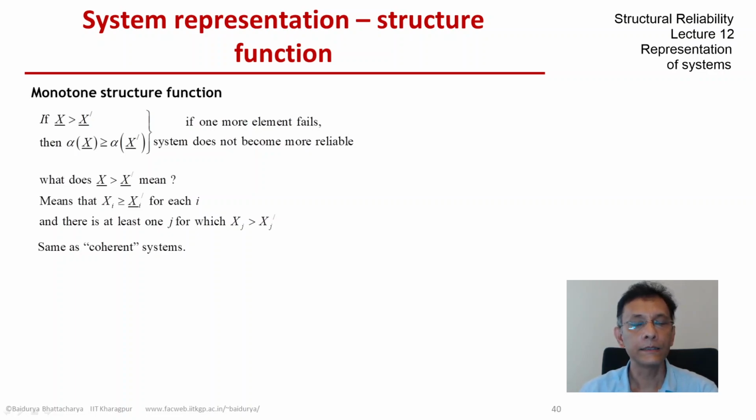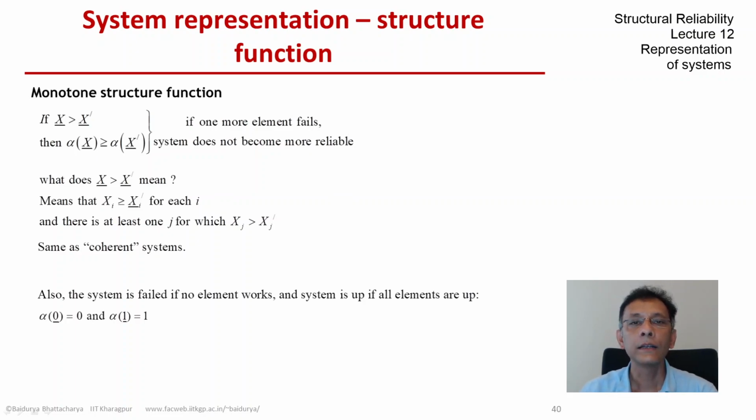And this is the same thing as the system being a coherent system. So a coherent system has a monotone structure function. And then we can put the boundary conditions. If all the elements are down, the system is obviously down. And if all the elements are up, then the system is obviously up.